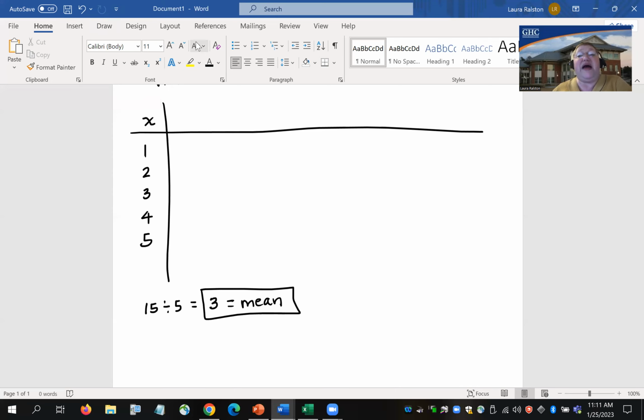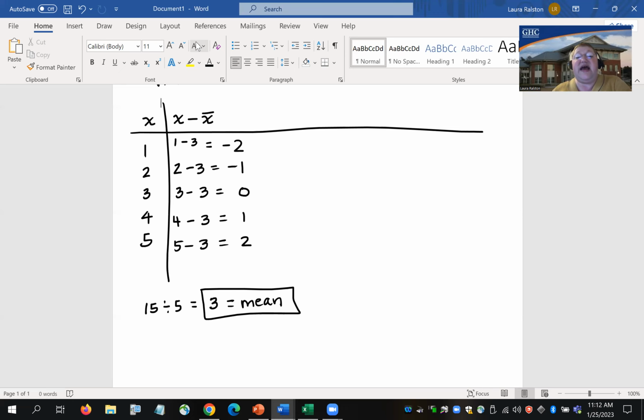I'm then going to compare each one of my data values to the mean. We make a comparison by subtracting. So I would have 1 minus 3, which gives me -2, because 1 is 2 units below the mean. 2 minus 3 is -1, I'm 1 unit below. 3 minus 3 is 0 because it's the same. 4 minus 3 is 1, I'm 1 unit above. And 5 minus 3 is +2 because I'm 2 units above.